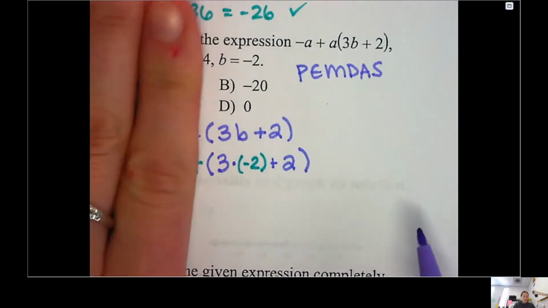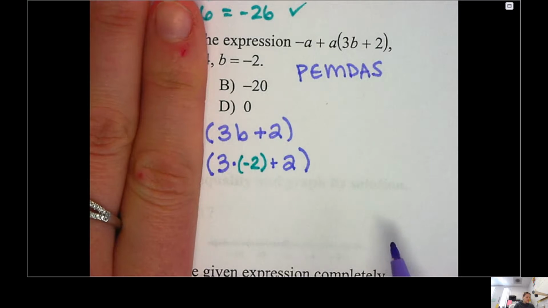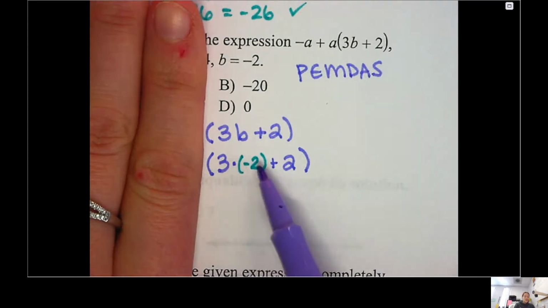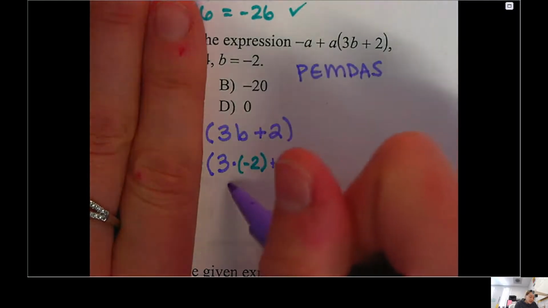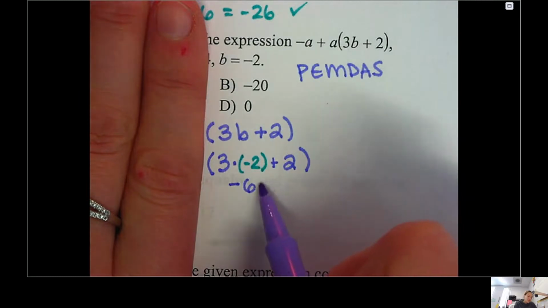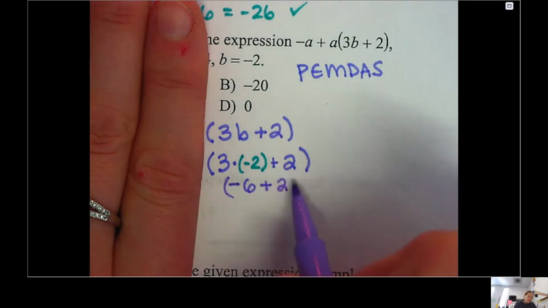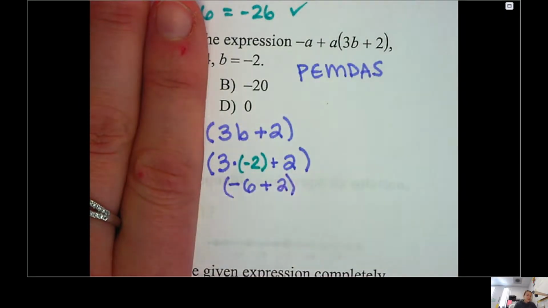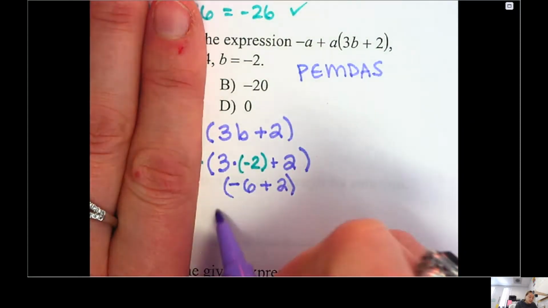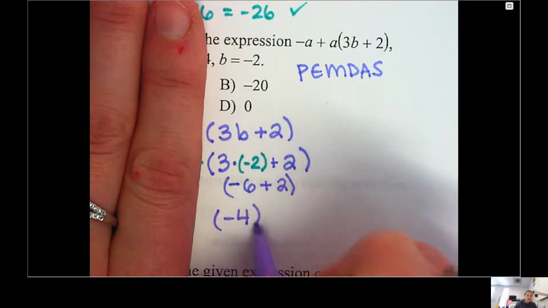So I'm going to ignore everything else in front of it and worry just about my parentheses. So 3 times -2 gives me -6, and -6 plus 2, right, in the parentheses, that gives me -4. So this whole thing becomes -4.